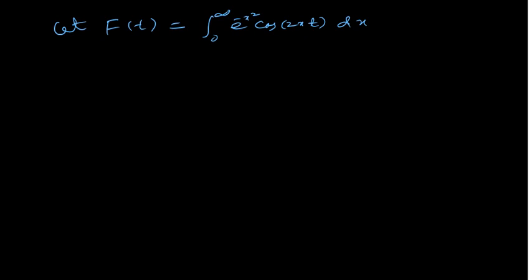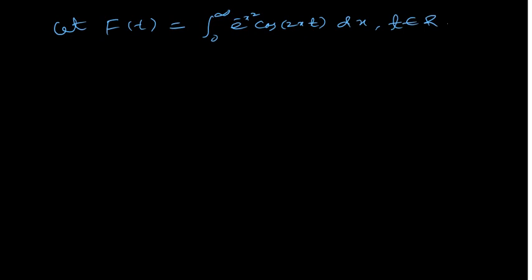So the method is that we try to find the differential equation for f of t, then we solve that differential equation and get the value of f of t for t belongs to R.